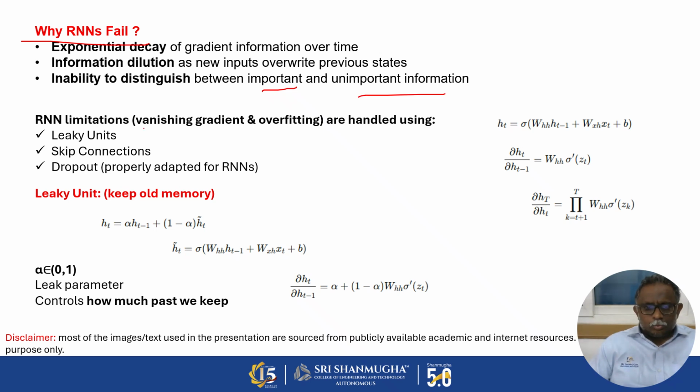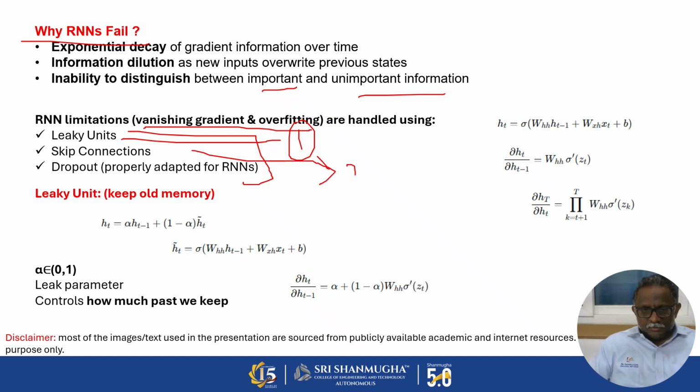So to overcome these vanishing gradient and overfitting issues in a simple RNN, we can use these three strategies. The first strategy is the leaky unit, the second is skip connections, and the third one is dropout.